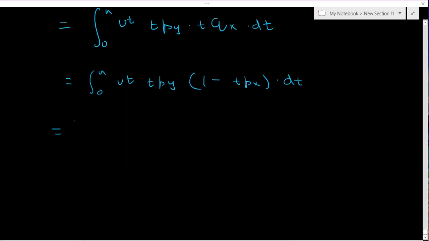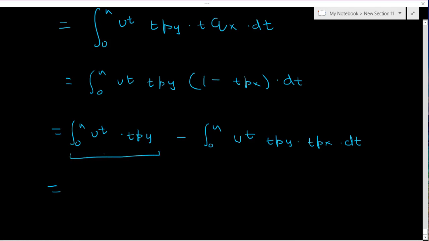Now let's just go from 0 to n of v to the power of t tpy, minus the integral from 0 to n of v to the power of t into tpy into tpx into dt. That's what you have. So now this becomes really simple. This is the definition of an annuity that is payable continuously from time 0 to time n, and as long as y is alive.